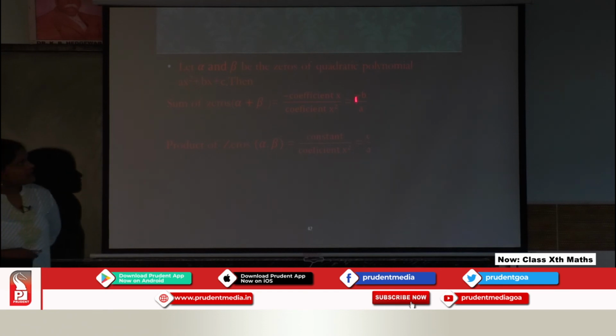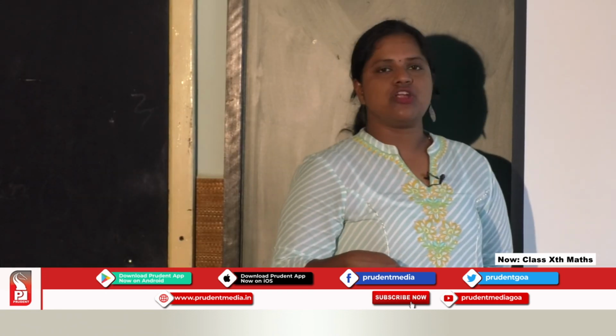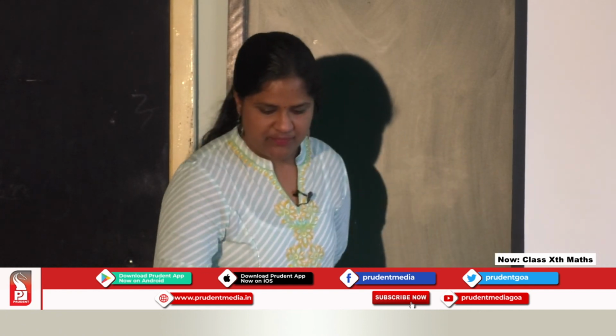And remember this part also because this is utilized while verifying. When the problem comes for verification, you need to know that it is minus coefficient of x upon coefficient of x square, and for product, constant upon coefficient of x square.